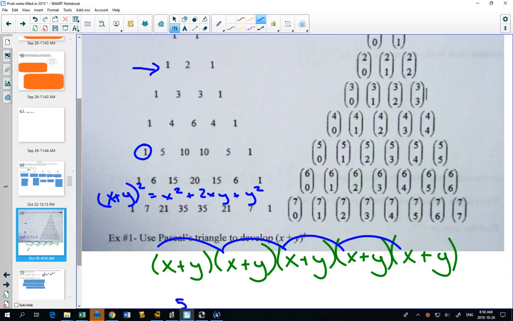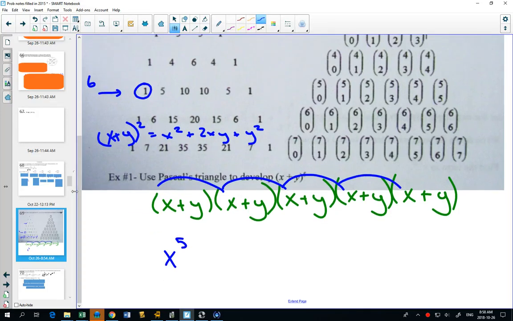So with x plus y to the 5, with 6 terms, I go to the row that has 6 items. And so after x to the 5, we're going to get 5x to the 4y.